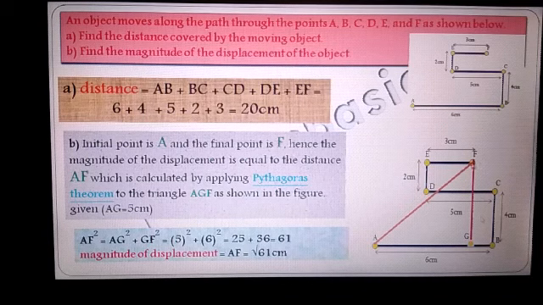Now this GF is divided into two parts, that is 4 centimeter plus 2 centimeter, so that is equal to 6 centimeter. So it will be 5 square plus 6 square, that is 25 plus 36, 61, and the magnitude of displacement is under root 61 centimeter.